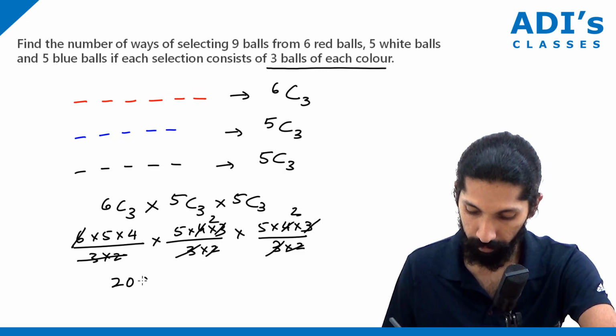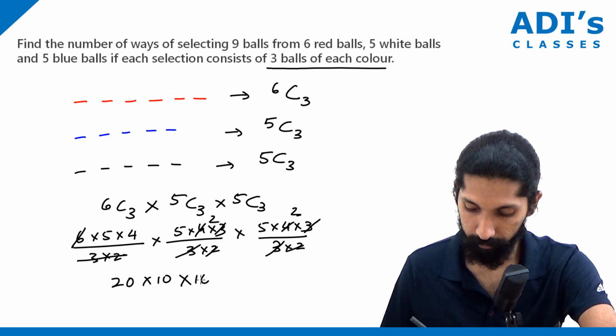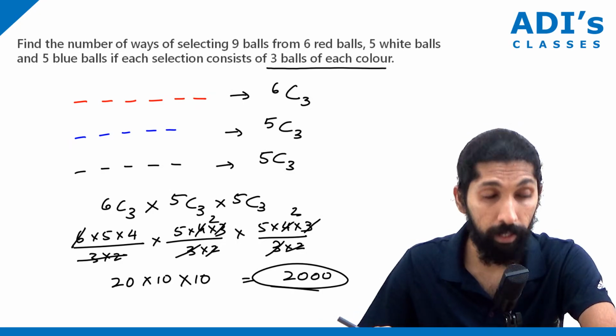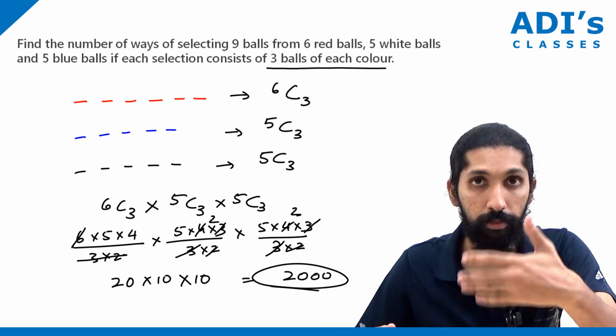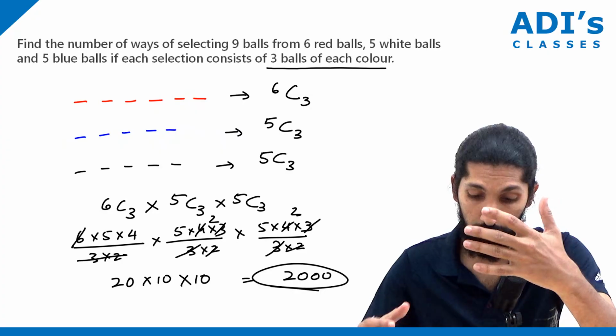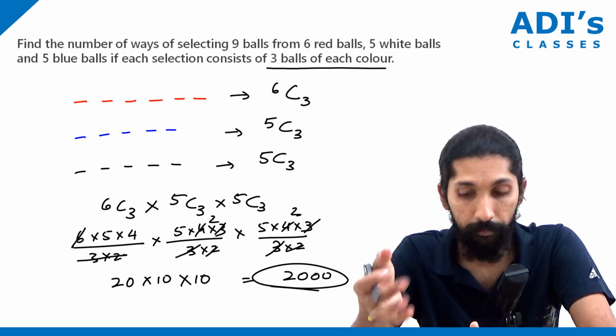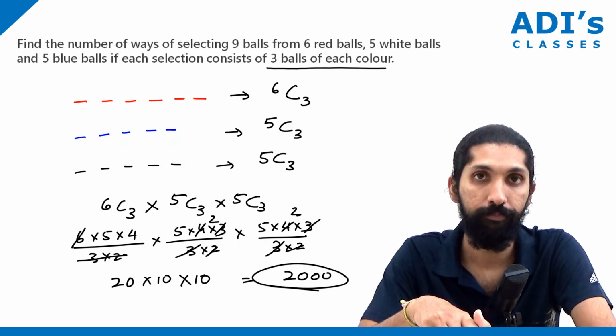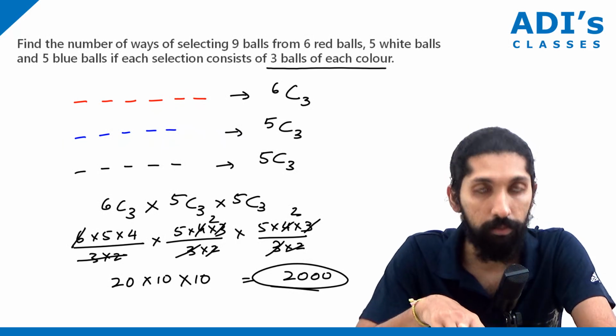So 20 into 10 into 10. This is going to give us 2000. So selecting 3 balls of each color can be done in 2000 ways. Alright, let's do the next one.